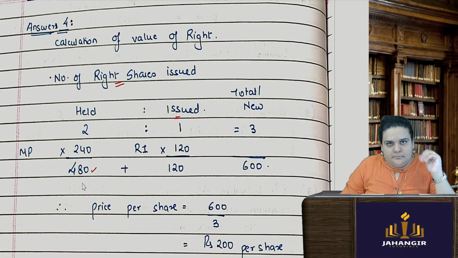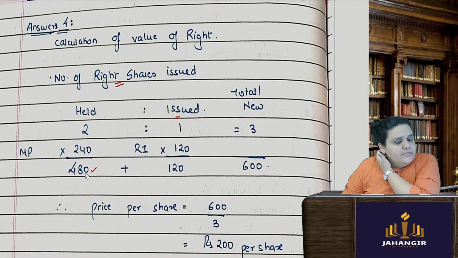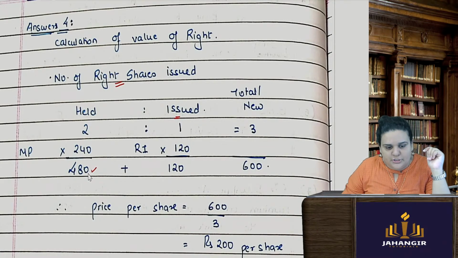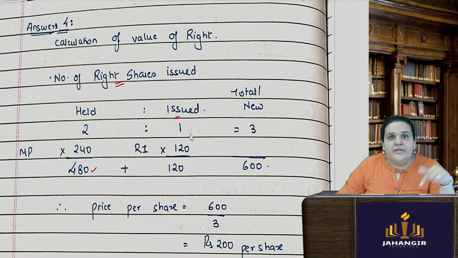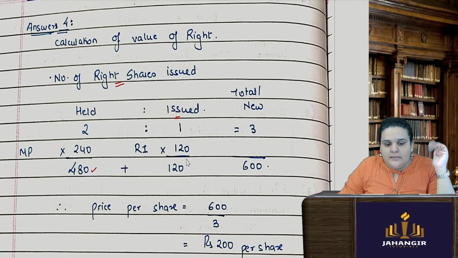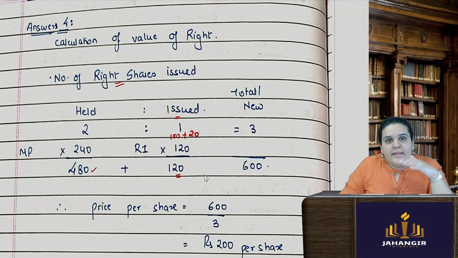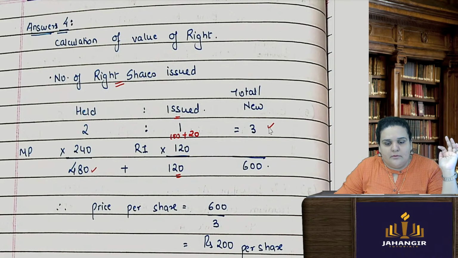Right, the cost. If today I want to go out in the market and buy that, it is going to cost me 240 per share. So 480. And the right share which I am going to take from the company, I have to pay 120 rupees, 100 plus 20 rupees premium. So that is going to cost me 120. So for my 3 shares, total shares have been 3 and total amount has become 600.